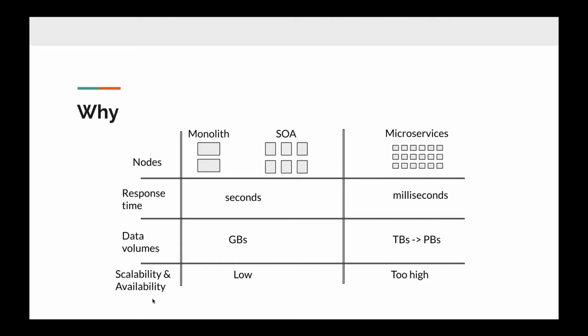And scalability and availability were very low, right? The SOA architecture is not easy to scale. You can see with a monolithic application, how easy is it to scale it into another instance, right? So there was an availability concern with multiple nodes, but the scalability concern was little ignored.